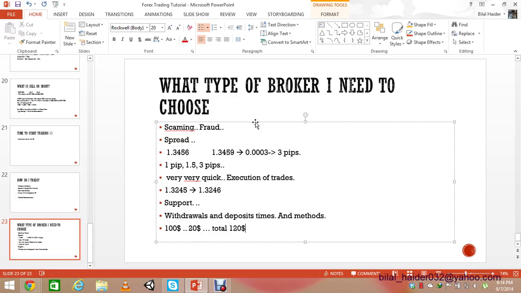Because there are brokers which have huge amounts of customers, and they receive about tens of thousands of withdrawals each day. So they need time to process all those.